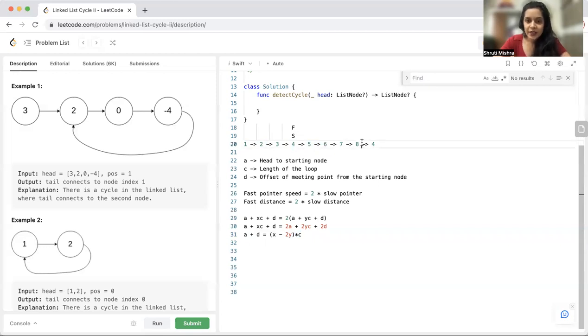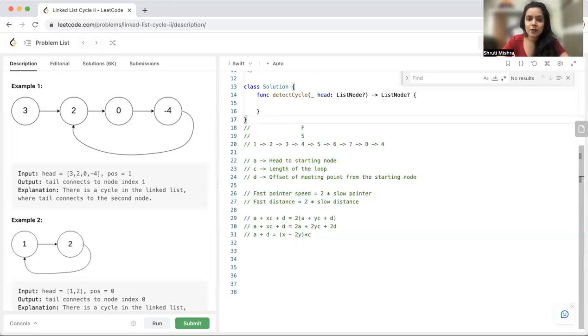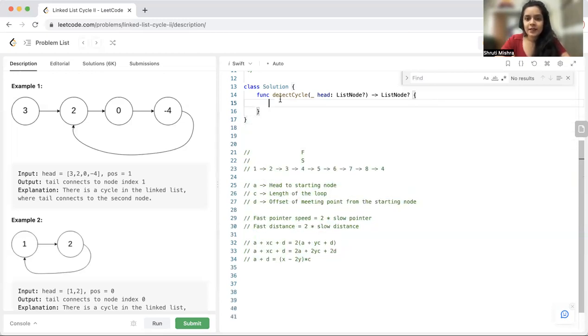Okay. So based on this, our implementation is going to be, we'll solve it. The solution is actually pretty small, but understanding it could be a bit tricky. So let's solve it. Okay. So what if head is null, or head dot next is null?